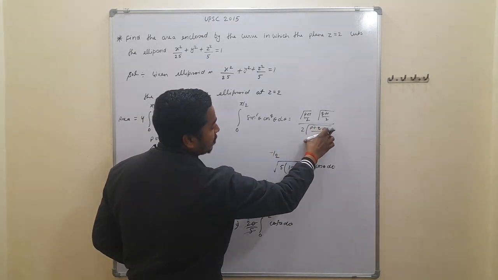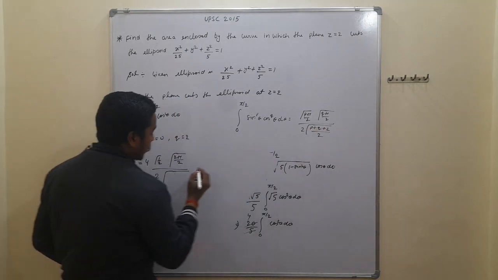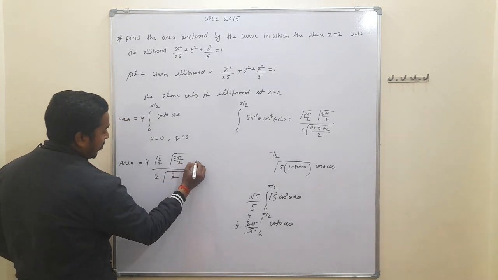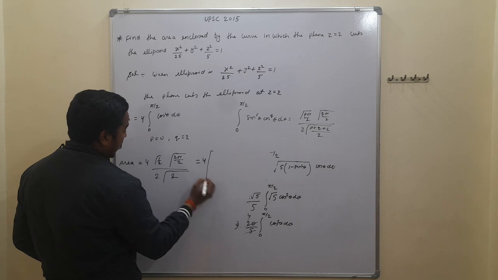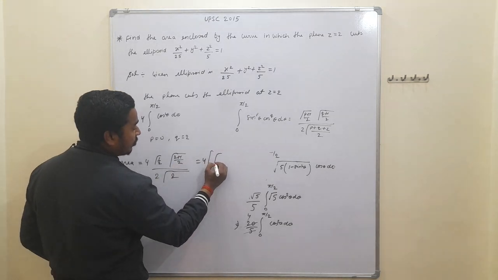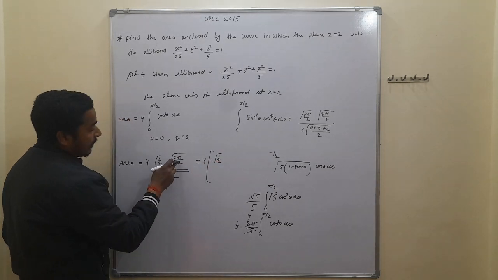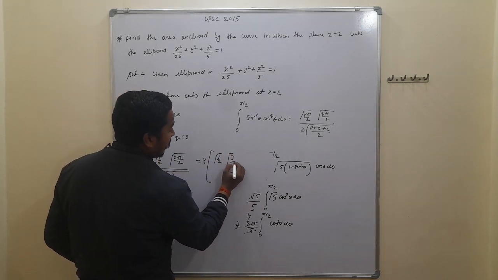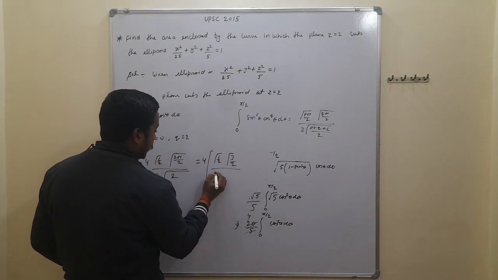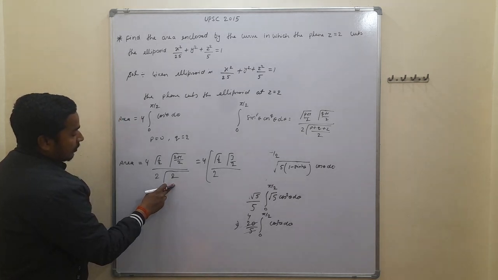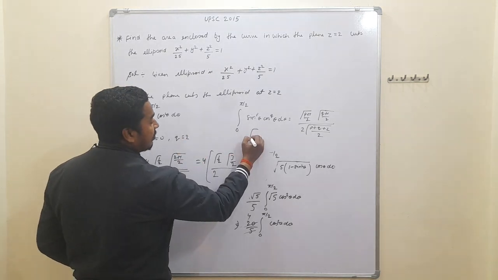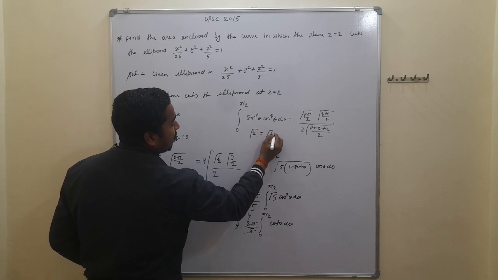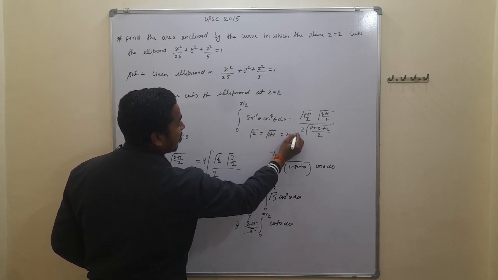This is 2 plus 2 is 4 upon 2, this is gamma of 2. Further we can write 4 gamma of 1 by 2 gamma of 3 by 2 upon 2 gamma of 2, and gamma 2 is also written as gamma of 1 plus 1, and this is n gamma n.